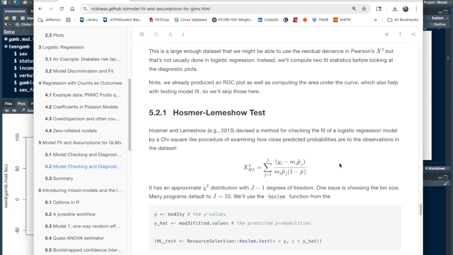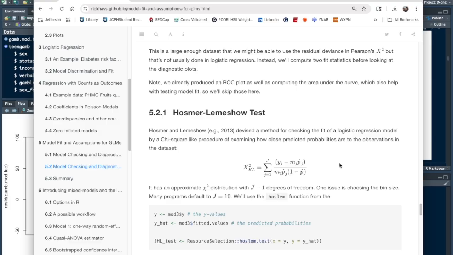Now, most people don't like this test either, and there's a better way to do it, but it's instructive to see how it works. This test is a goodness of fit test between the model predictions, which, remember, in logistic regression we can transform the predicted values, which are logits, into probabilities.